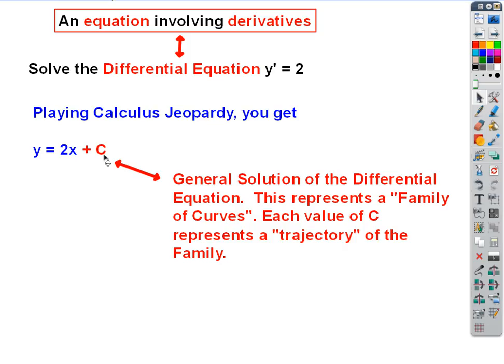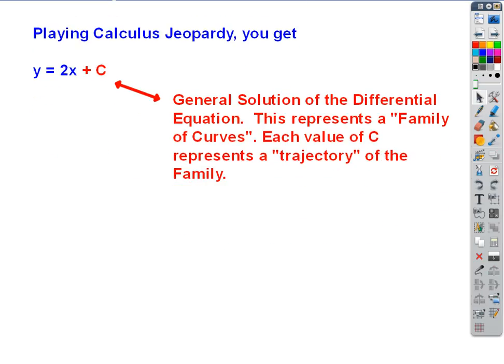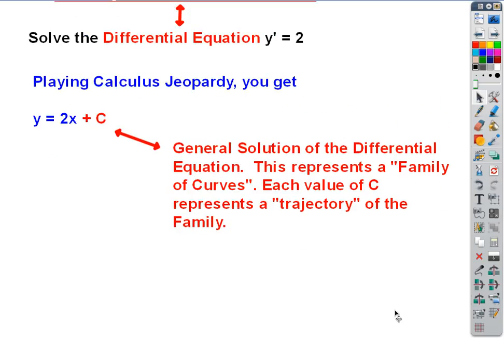This family of curves represents all the lines with slope 2. We could change the y-intercept as we please, but all of those lines are carbon copies of one another, just shifted vertically. C is going to change.